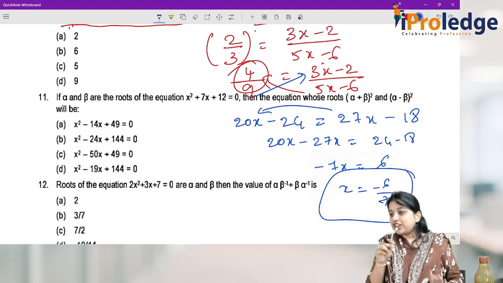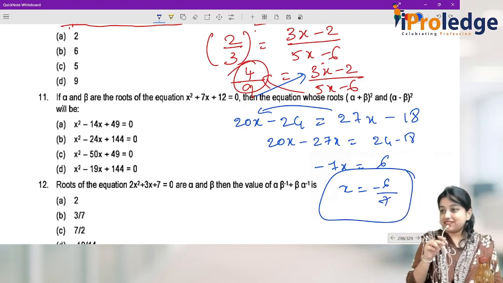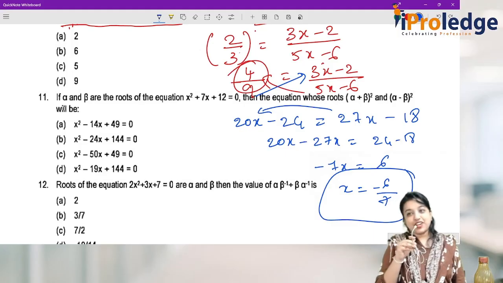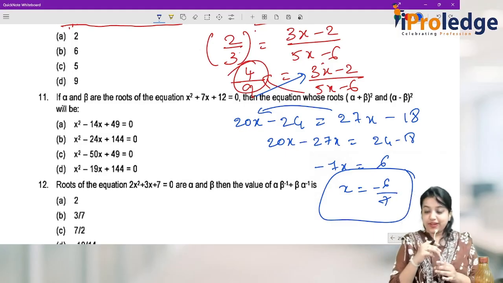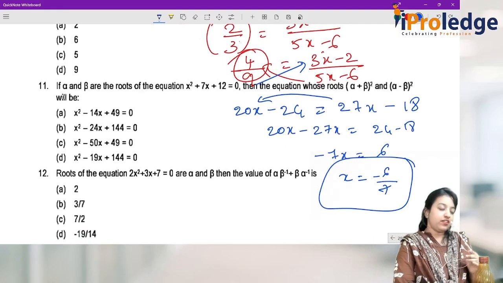So the actual value of x is minus 6 by 7, got it?